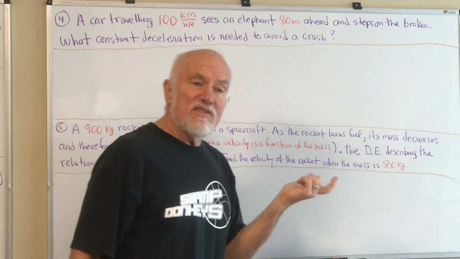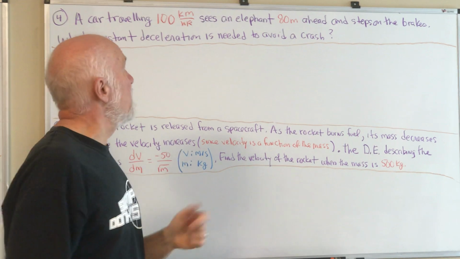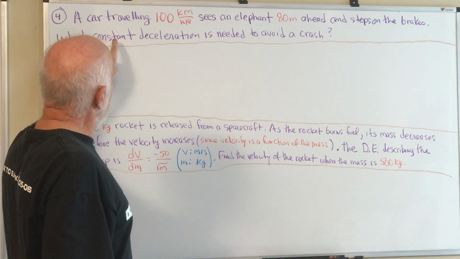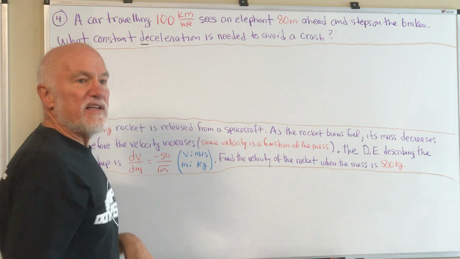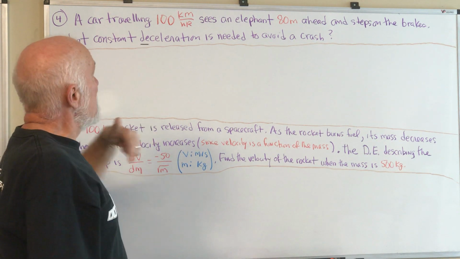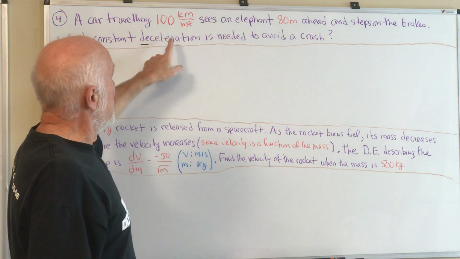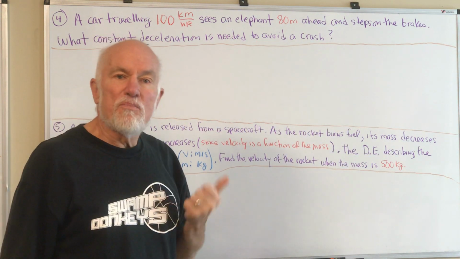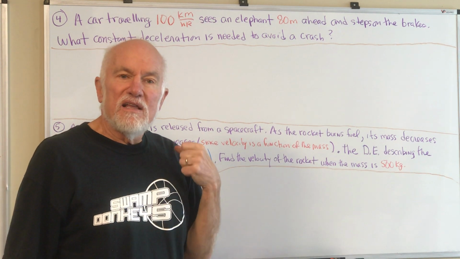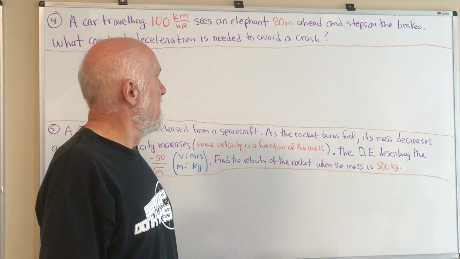So it steps on its brakes because it doesn't want to hit the elephant. But it wants to know what constant deceleration, that just means the opposite of acceleration, is needed to avoid a crash. It wants to know how good the brakes have to be so that the car doesn't hit the elephant.